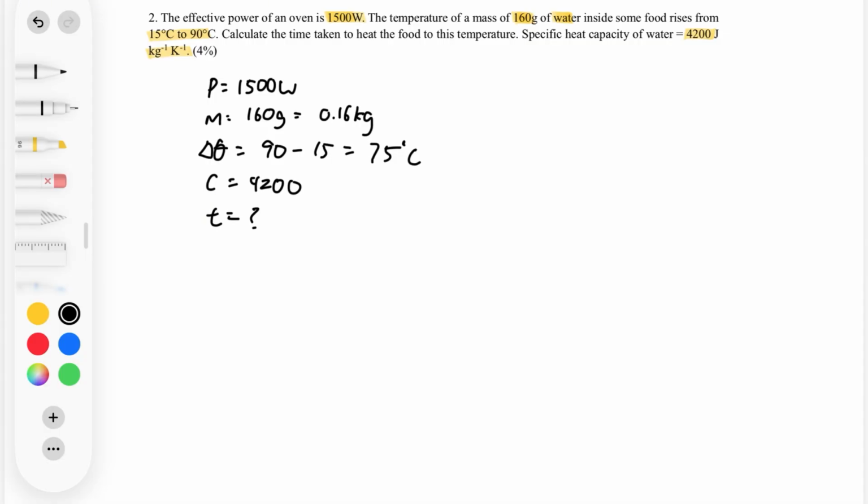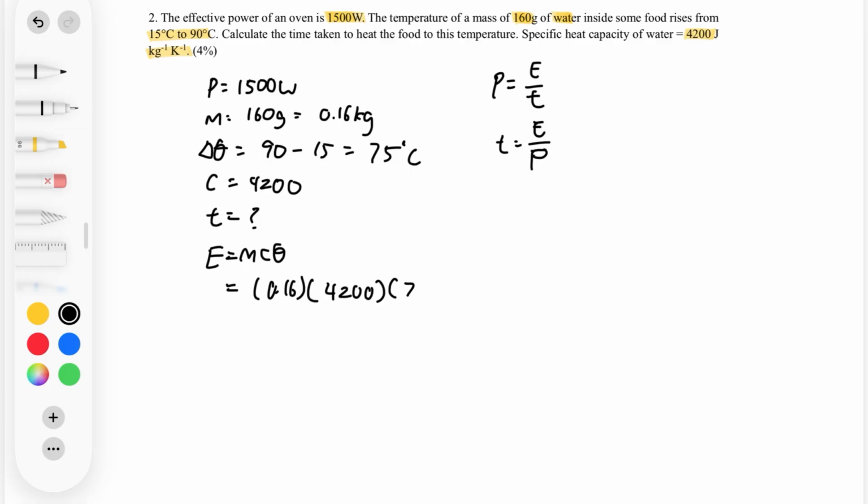First we need to find the energy, because power equals energy divided by time. If we find the energy, we can find the time. Energy equals mc theta, so m is 0.16, c is 4200, and theta is 75.